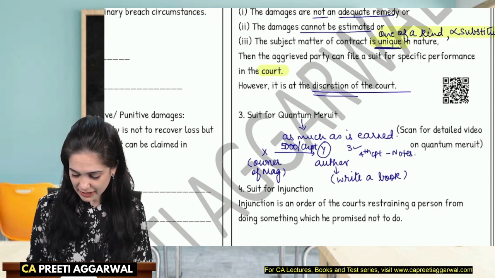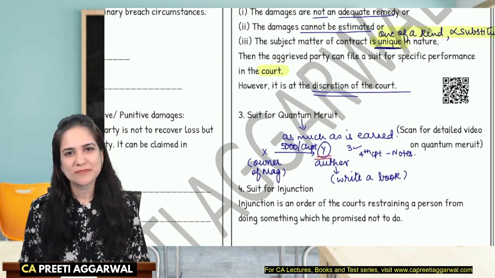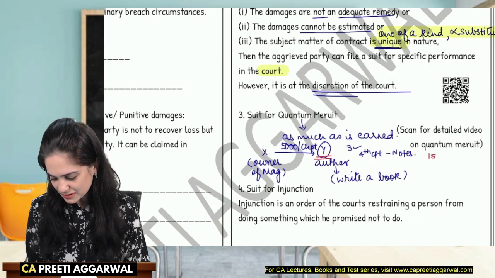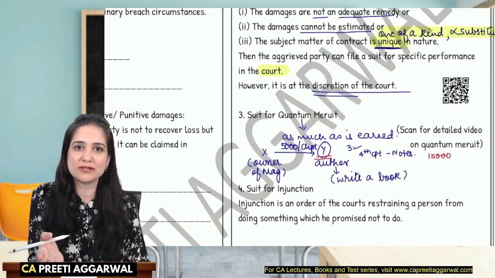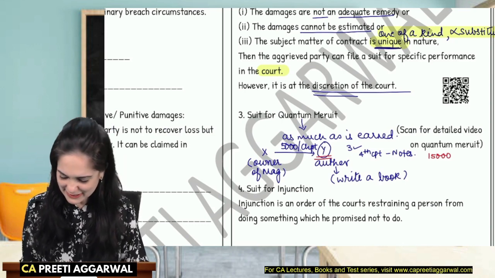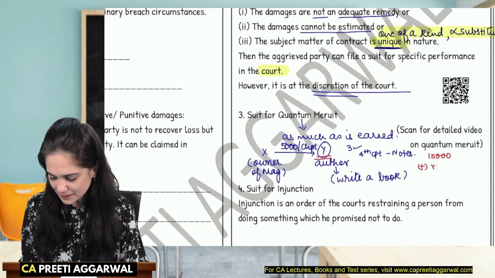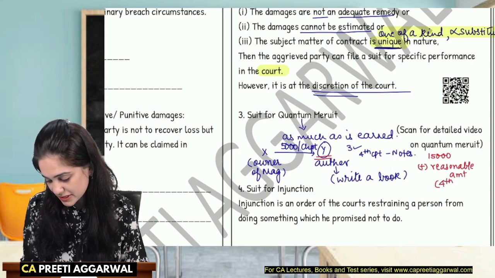Now, is Y entitled to some money? How much? 15,000, that is 5,000 per chapter. But he had also made notes for the 4th chapter. So for that, he may be entitled, not the entire 5,000, but some reasonable amount for the 4th chapter because he had prepared notes.